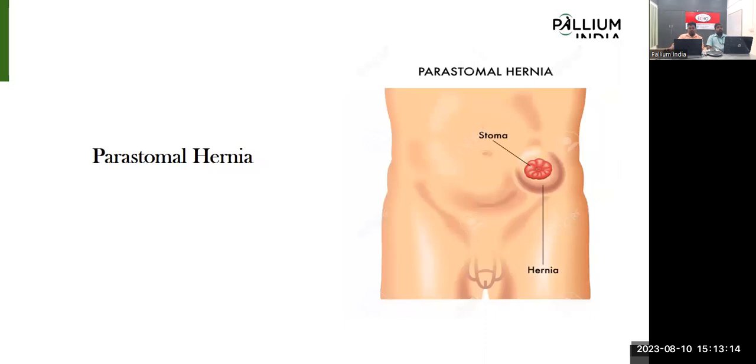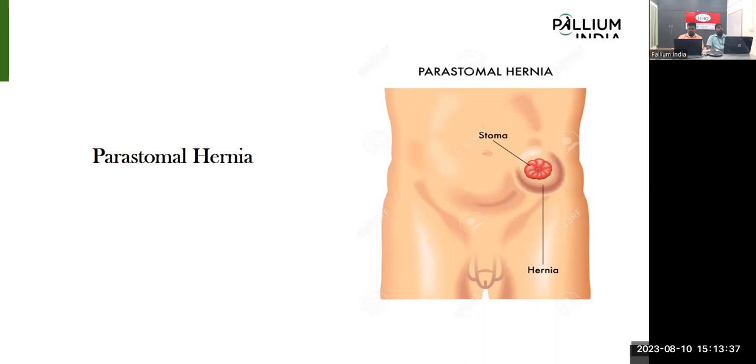So this one is the parastomal hernia. Parastomal means around the stomal region. In some cases, inside the abdominal wall, surrounding the stoma, a colon part is stuck along with the stomal surrounding area.